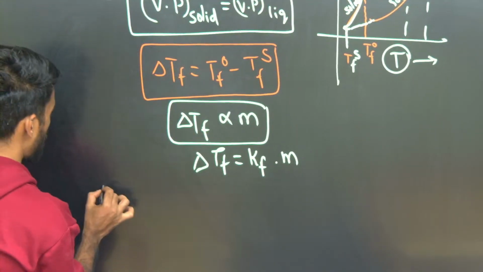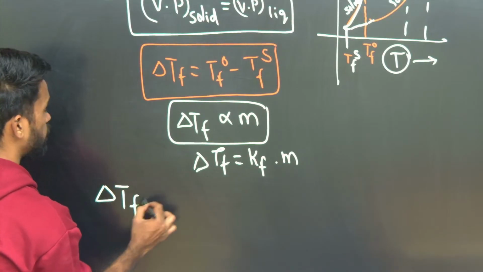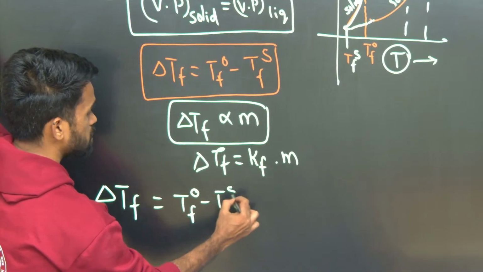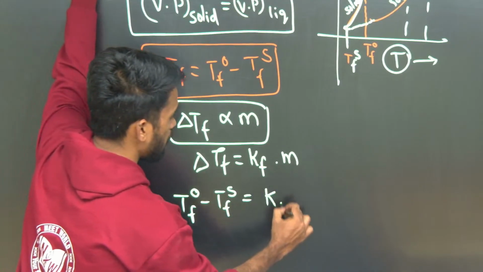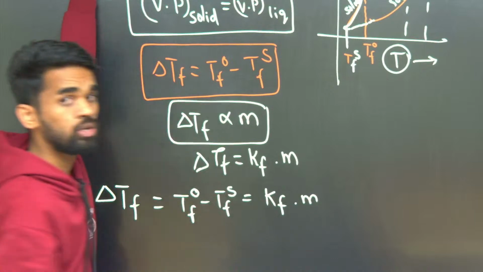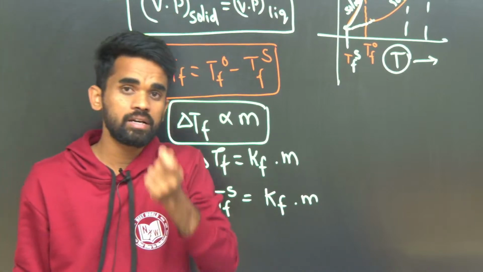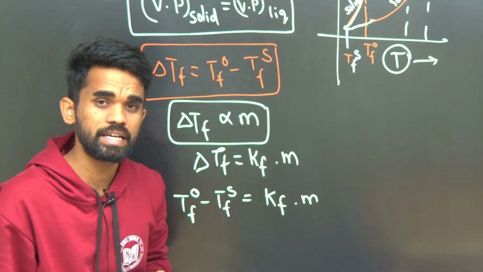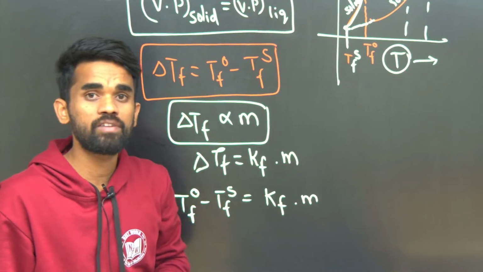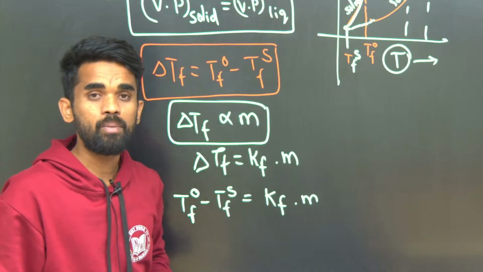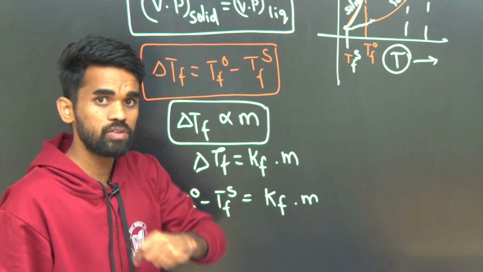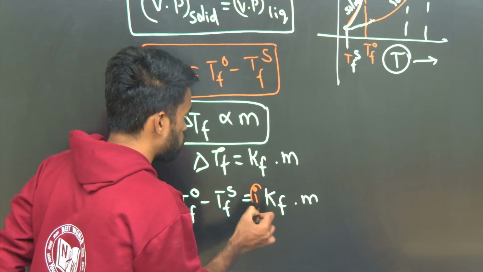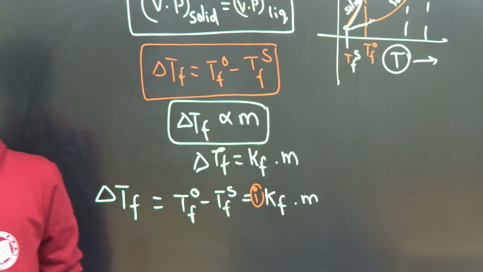Let us relate them together: ΔTf is equal to Tf naught minus Tfs, which is equal to Kf m. I told you colligative properties depend on the number of solute particles. If any association or dissociation takes place, we get a different number of solute particles. Therefore, it is mandatory to introduce the van't Hoff factor into the equation. I am introducing it.